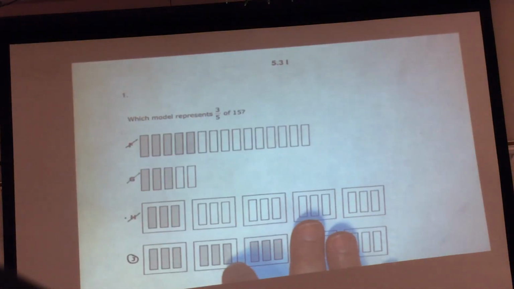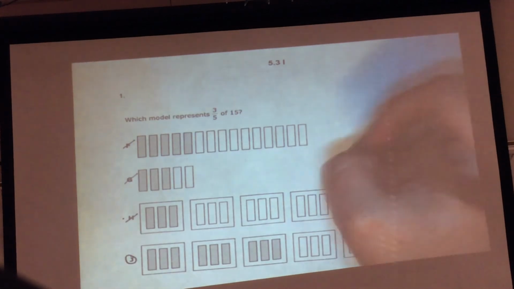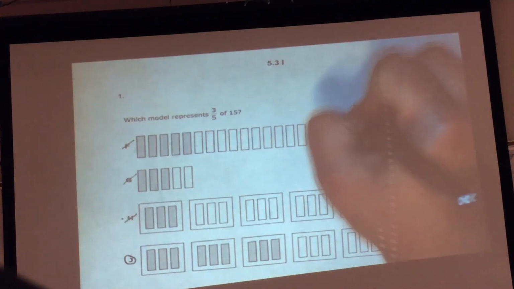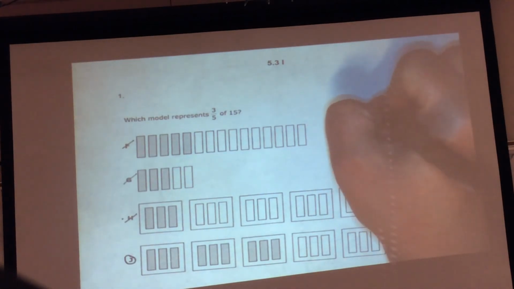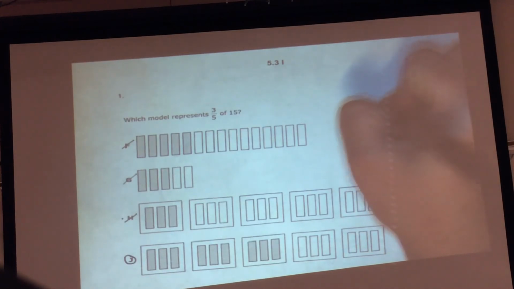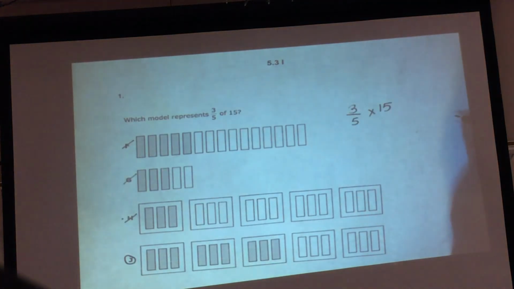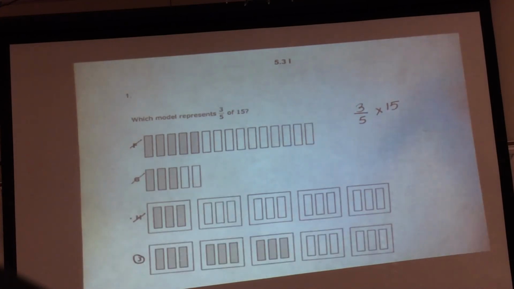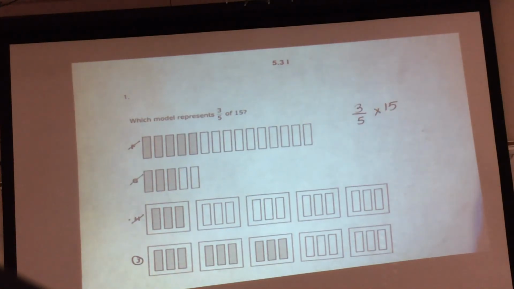Okay, let's do this real fast. 3/5 of 15. What can I replace of with? Multiply. Okay. How do I make 15 a fraction, Noah? Grant, help him out. How am I going to make this 15 a fraction?